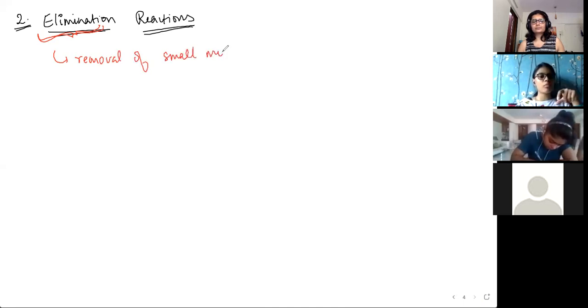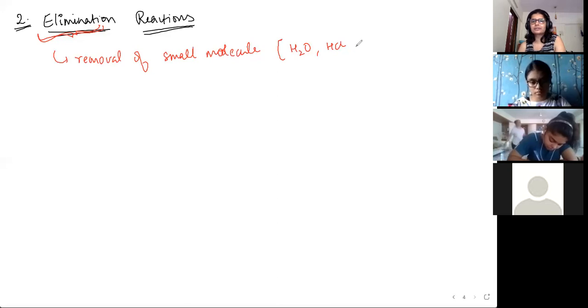Ma'am, isn't saying small molecule very vague? You won't have whole alkyl groups getting removed. What exactly gets removed depends on the substituent on the molecule, but it's usually a hydrogen atom plus whatever substituent is attached, like water or HCl.